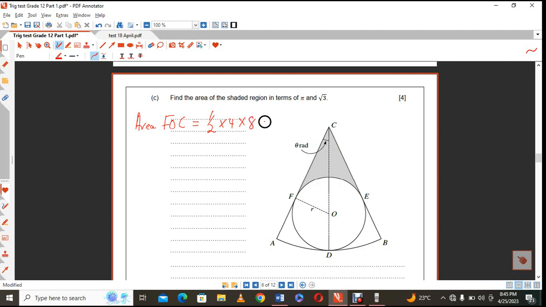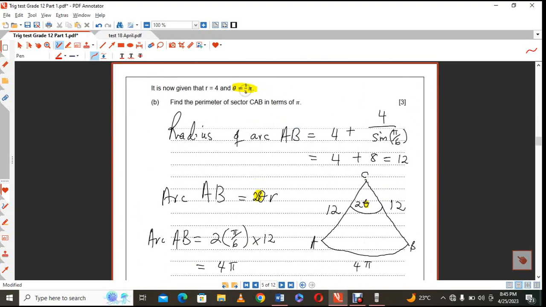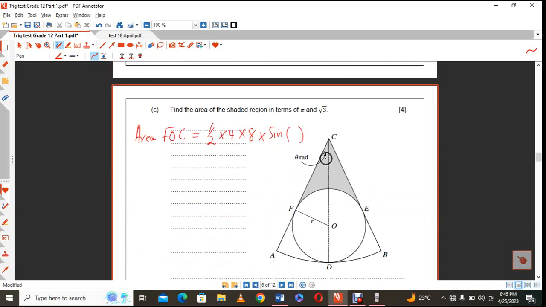Times 8, and then times the sine of theta. But we know that according to the information, our theta that we have to use is pi over 3. Because I'm using this theta here, this also will be theta. But I'm just looking at this one.